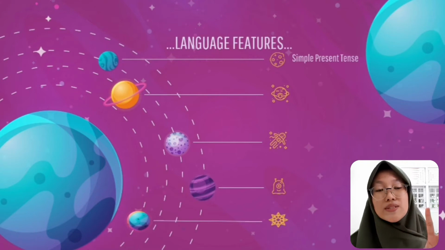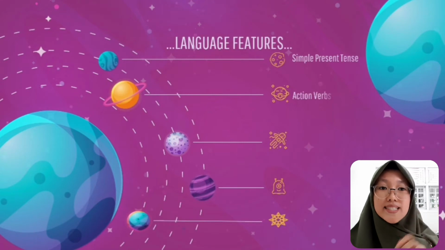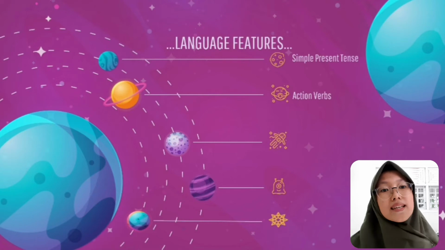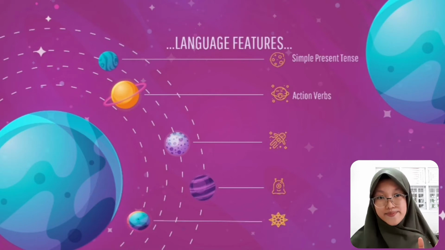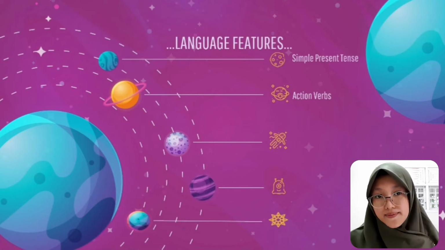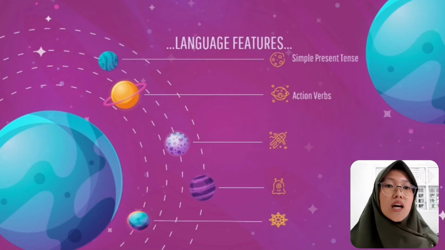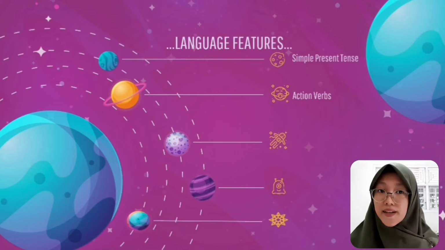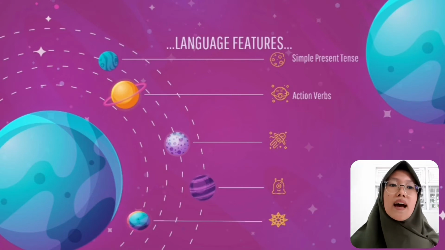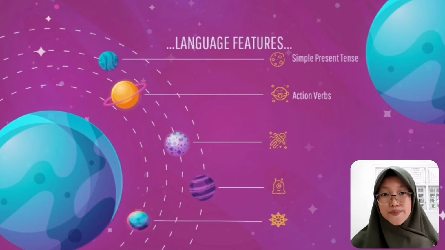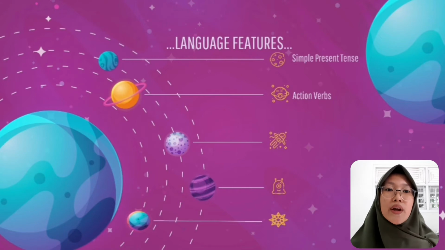The second language feature is action verbs. This is simply a verb that explains an action. It can be run, eat, drink, read, or any other verb that describes an action. This can also be written in any other form of verb, depending on the sentence.